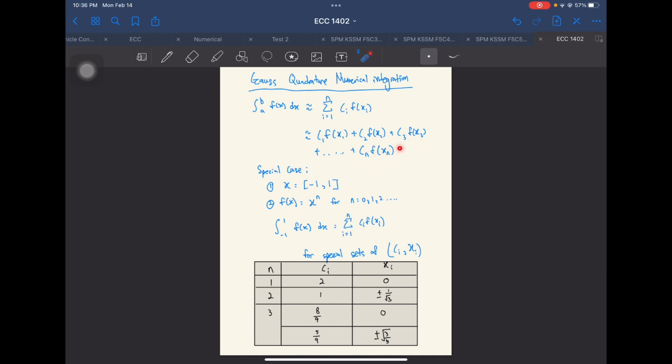Okay, and the thing we learned today is a special case where you put this x in the domain of -1 to 1, and f(x) can be a polynomial of x^n, and this n can be 0, 1, 2, 3 to infinity, basically any natural numbers. Okay, so when you satisfy these two cases here, you will have the integral exactly equal to the sum of ci times f(xi).